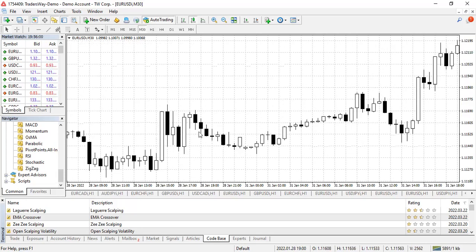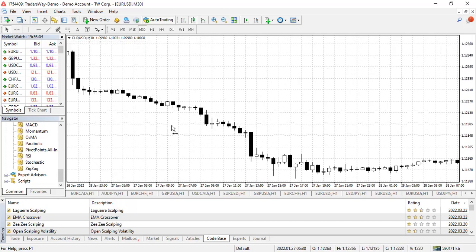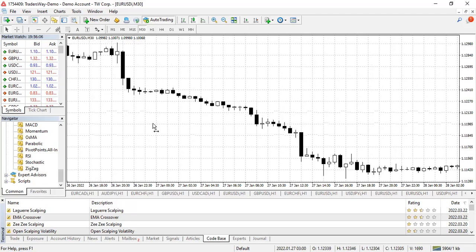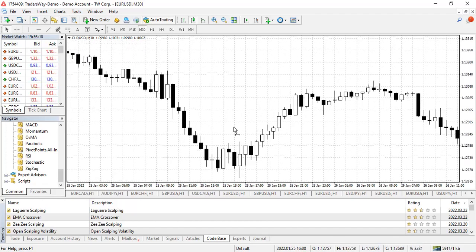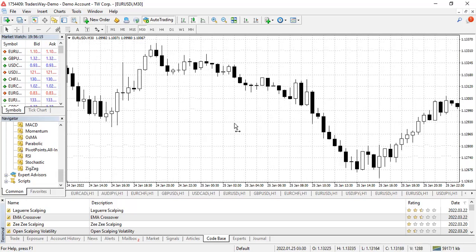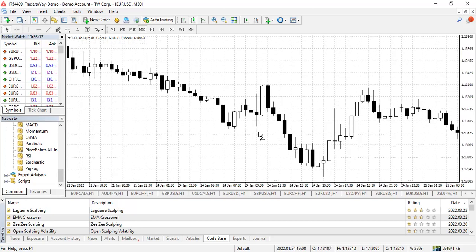So let us search for 3 inside. There must be a big bullish candle followed by 2 small bearish candles for 3 inside down. But for 3 inside up, there will be a big black candle followed by 2 bullish candles.